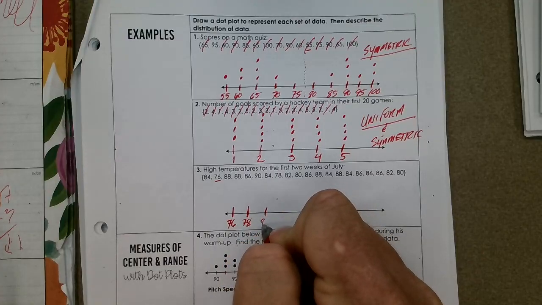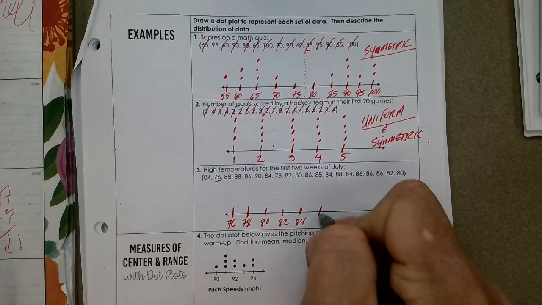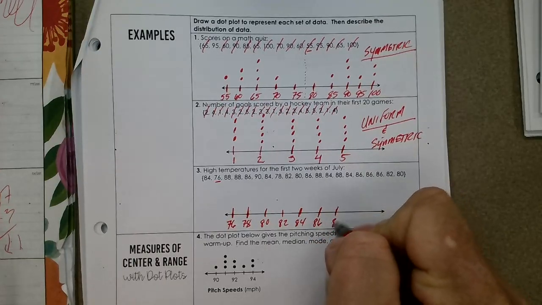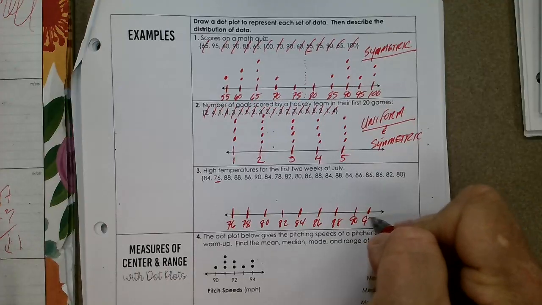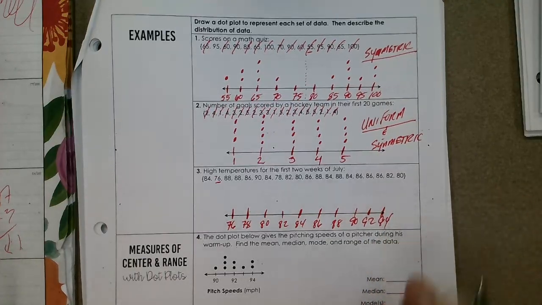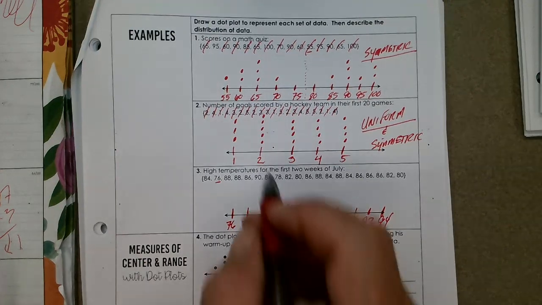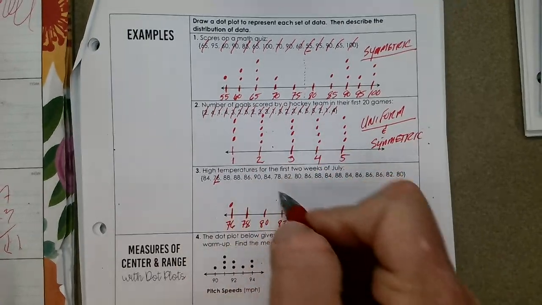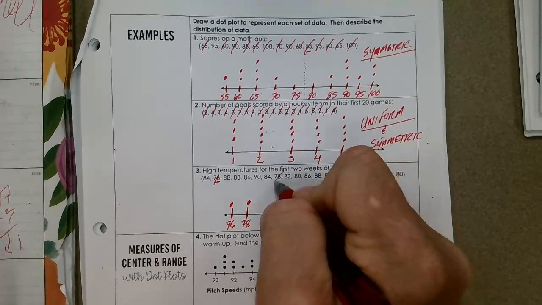78, 80, 82, 84, 86, 88, 90, 92, 94. Okay, I went a little bit above it because I just had room. All right, above this I have 176. I have 178.